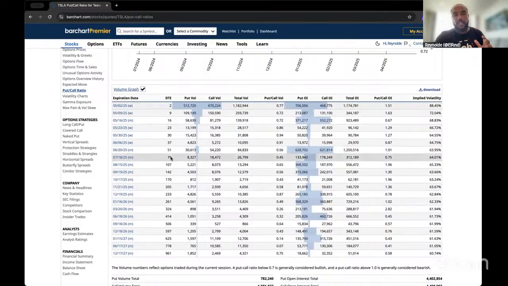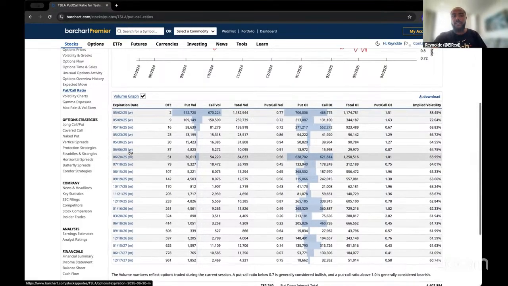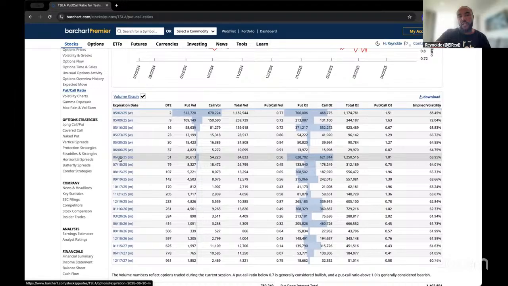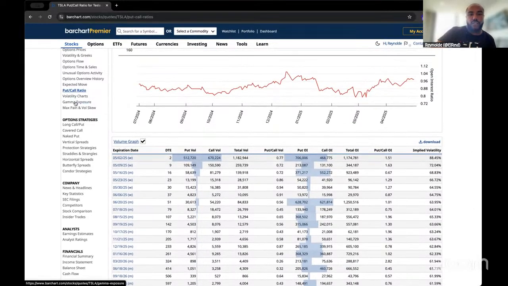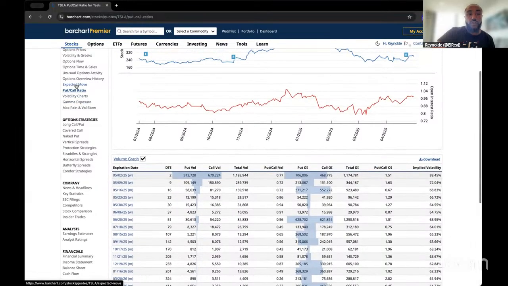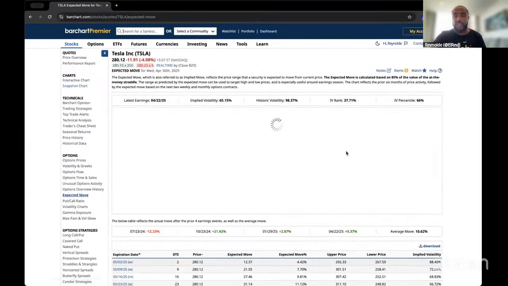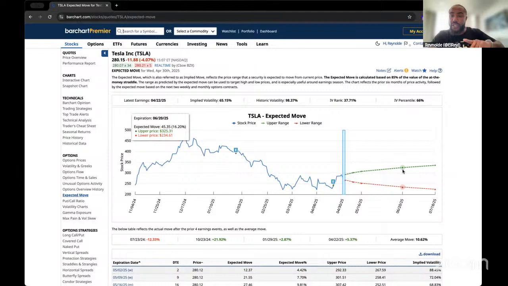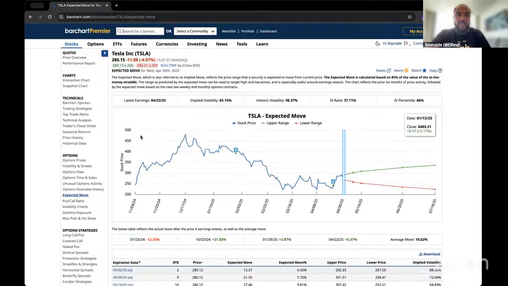But if you want to look at contracts, you can come here and look at this particular date. Let's say we look at the 620 contracts. We can then ask, what are the price targets in that particular range? You can come over to expected move and ask, what are option traders trading for the 650? And we'll see the range here. If you look to the left on the chart, where I have my mouse, the price is going to come up here.